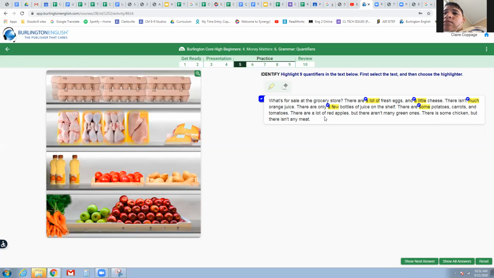There are a lot of red apples, but there aren't many green ones. A lot of and many. Very good. There is some chicken, but there isn't any meat. Some.